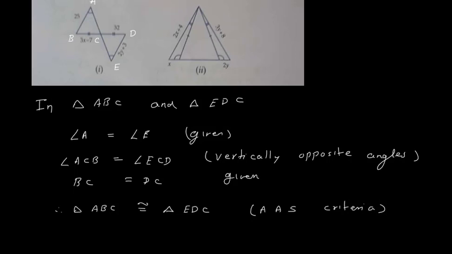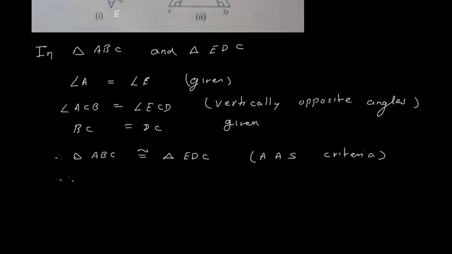Now, as these two triangles are congruent, their corresponding sides are equal. So therefore, we can say that AB is equal to ED and BC is equal to DC. They are corresponding parts of congruent triangles.